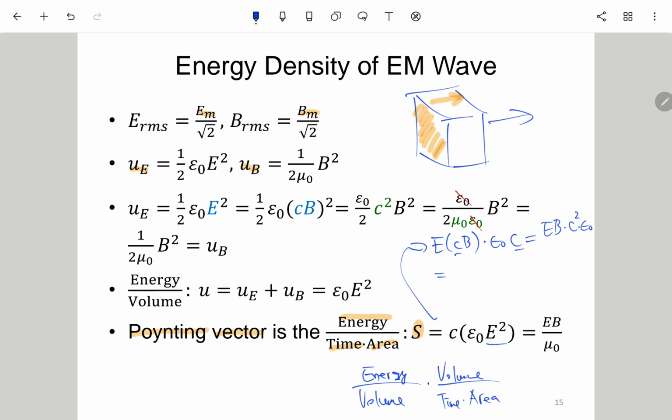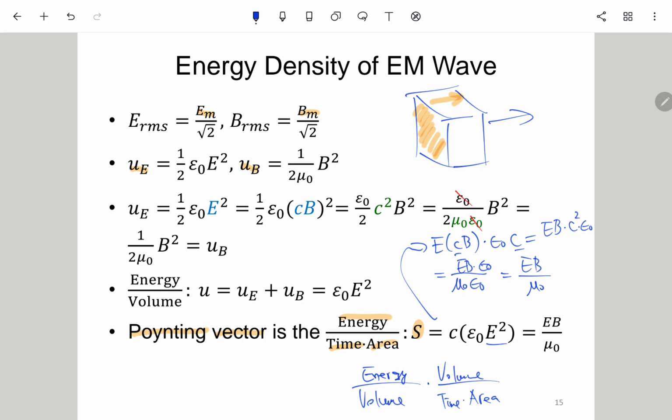And here we also use C squared to be 1 over mu naught epsilon naught. So EB times epsilon naught over mu naught epsilon naught. Finally epsilon naught and epsilon naught cancel, and it becomes EB over mu naught.